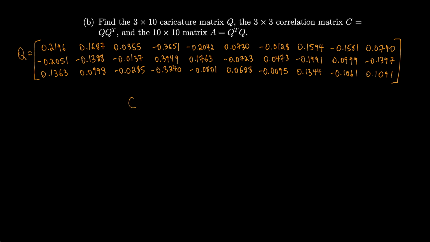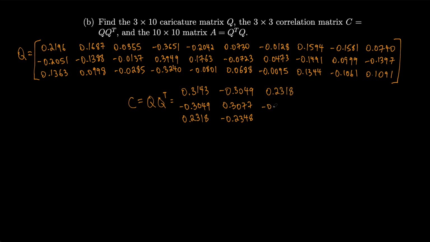Next, I use the calculator to get C, the matrix given by Q multiplied by Q transpose, as 0.3143, negative 0.3049, 0.2318, negative 0.3049, 0.3077, negative 0.2348, 0.2318, negative 0.2348, 0.1868.